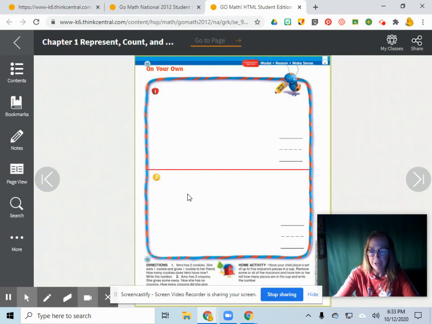I drew the 3 crowns, cross off 1, 2, 3. Okay, so if you cross them off, that shows that she doesn't have any left on the page, right? How many did she give away? How many crowns did you cross off? Count that number, print it in the blank, and you're done. Good job, kids.